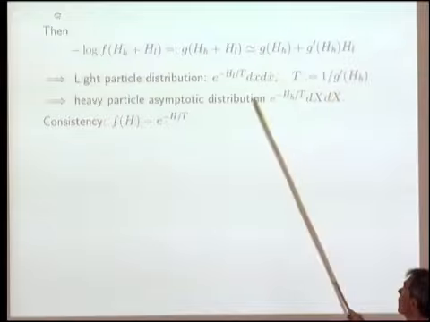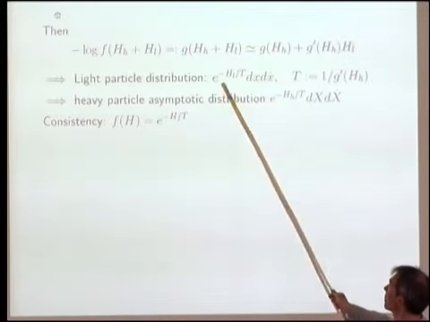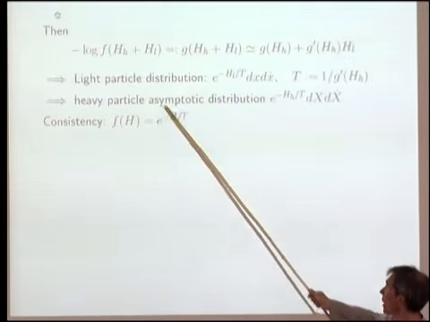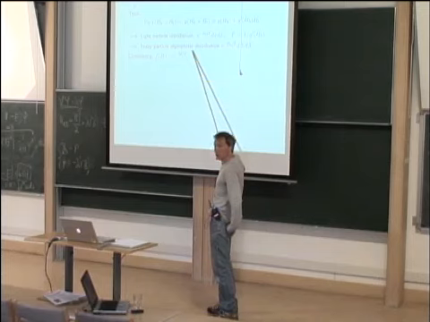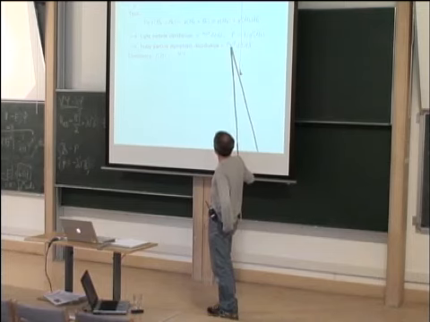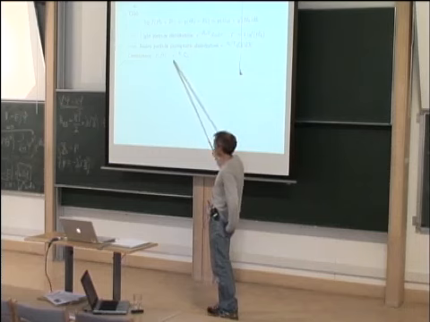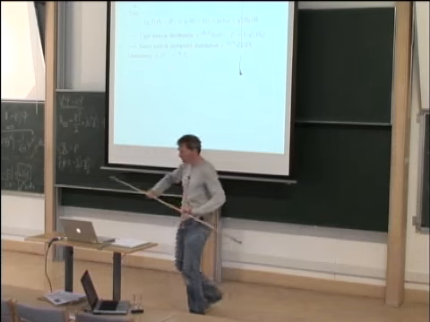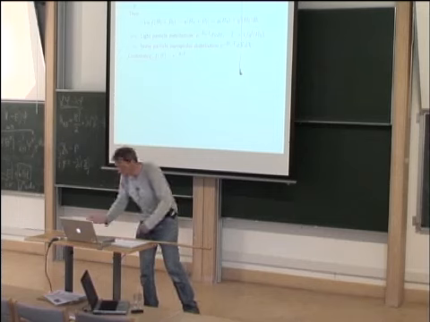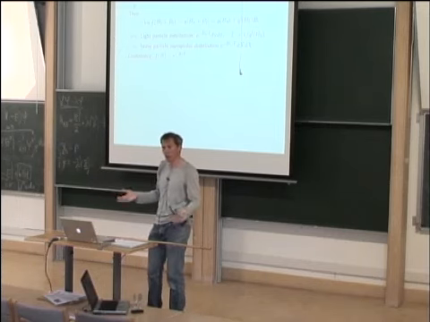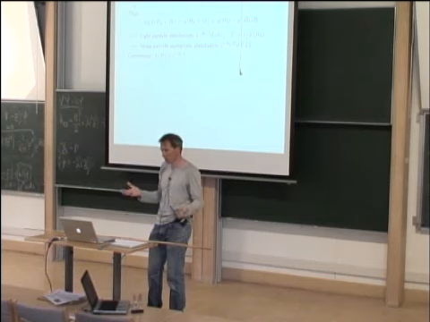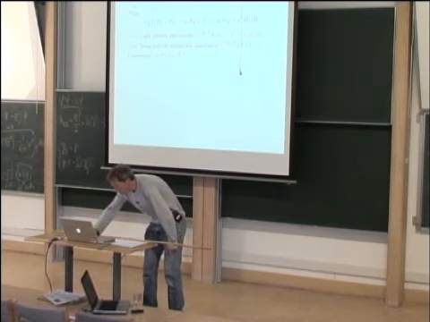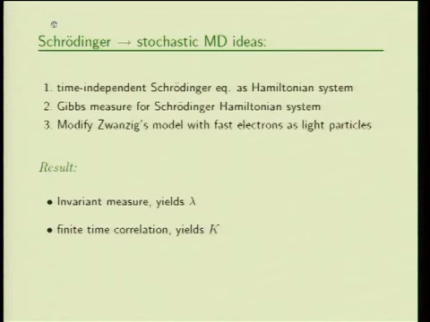So it is okay to sample the light particles from the Gibbs, and then we end up with the heavy particles also in the Gibbs distribution. So by consistency, it's good to use Gibbs. That is my motivation, and it is valid also for electrons. It doesn't depend on whether you have Schrödinger or anything. It's always okay.